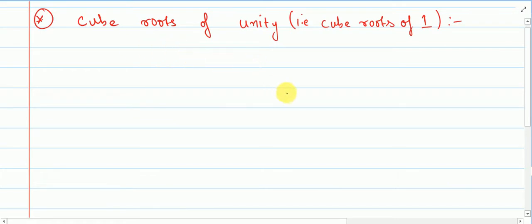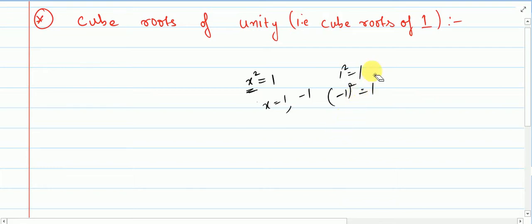So you know that if I write x square equal to 1, then here you can have two values for x. First we can have 1 and second we can have minus 1, because 1 square is 1 and minus 1 square is also 1.